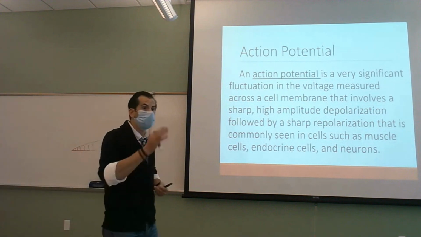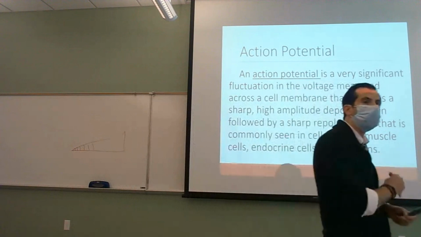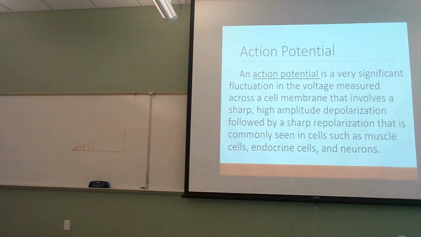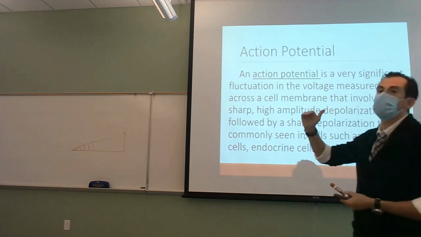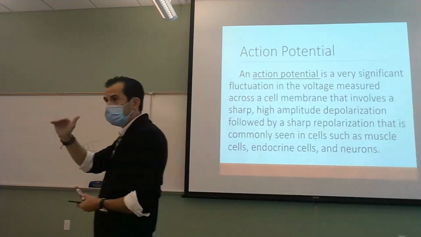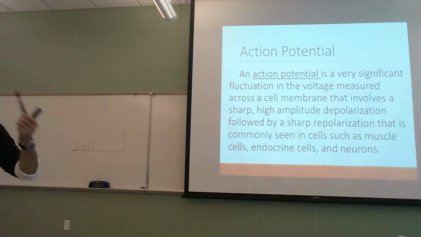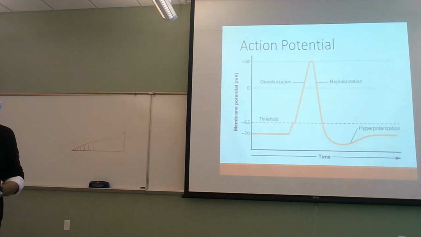An action potential, again, there's no big ones, there's no small, there's no partial ones. It's all or none. Either you hit the threshold value for the voltage-gated channel, create a full action potential, or you don't. This is what we see.